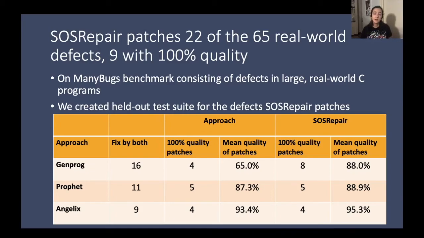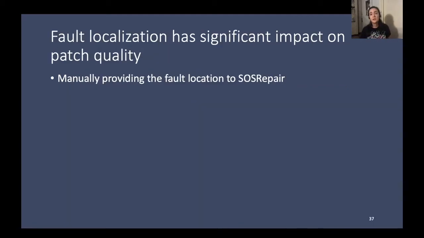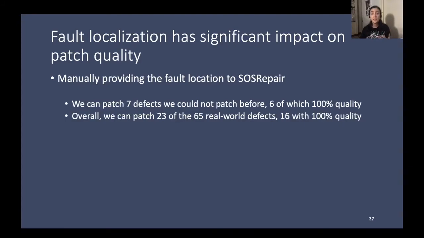Another interesting finding that we present in this paper is the impact of fault localization on the patch quality. So in an experiment, we manually provided the fault location to SOSRepair, and by fault location, I mean the location that developers used to fix the program. And we observed that SOSRepair was able to find patches for 7 of the defects that it couldn't patch before.